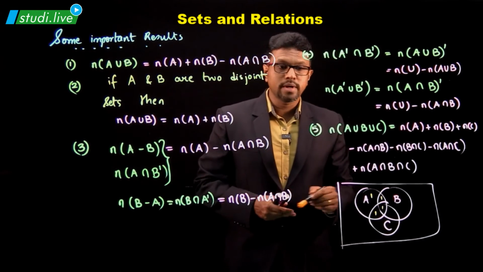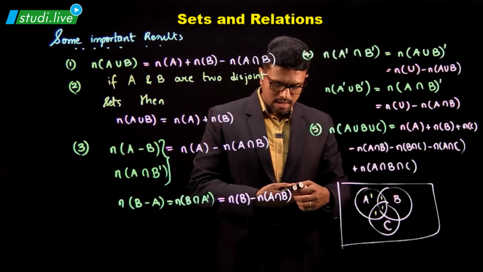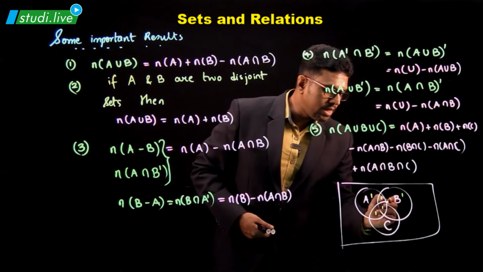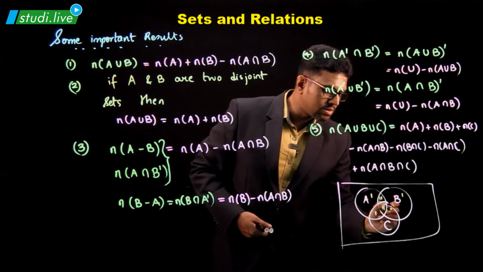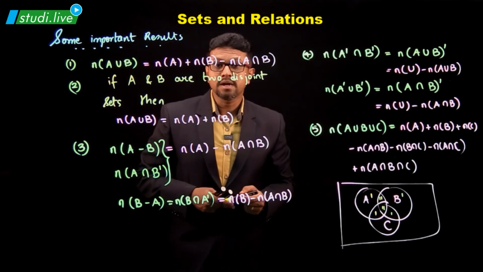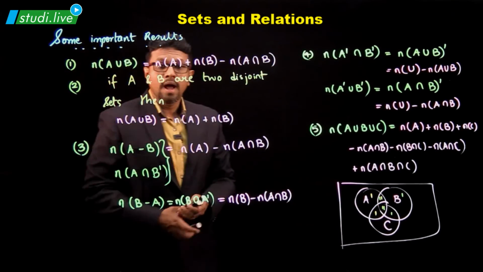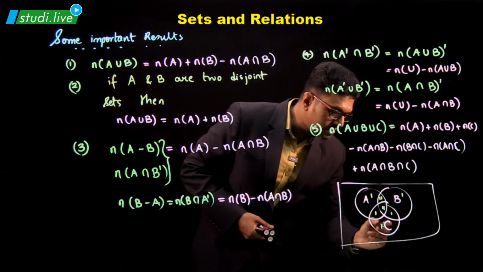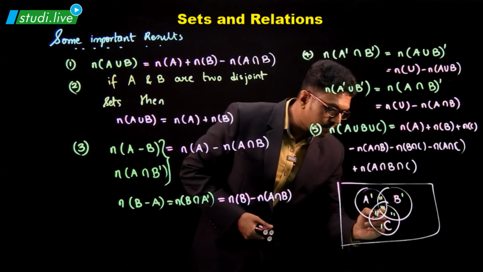Now, when I write n of B, all the elements of B are getting counted. And when I say n of C, all the elements of C are getting counted.